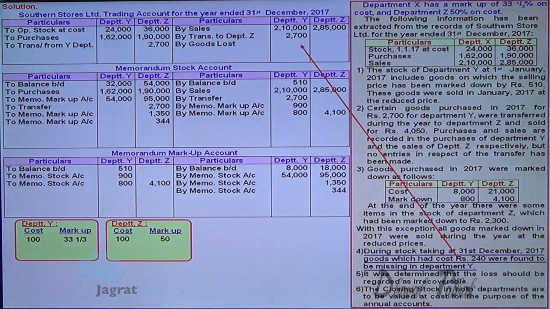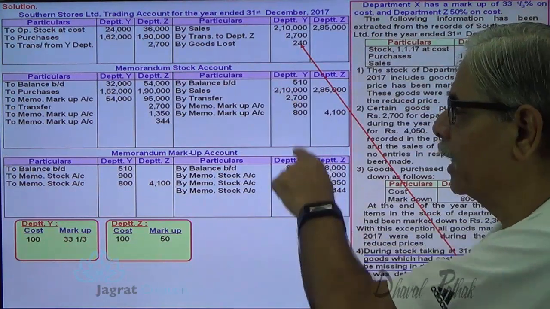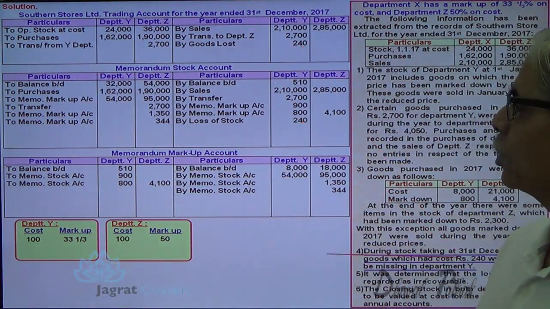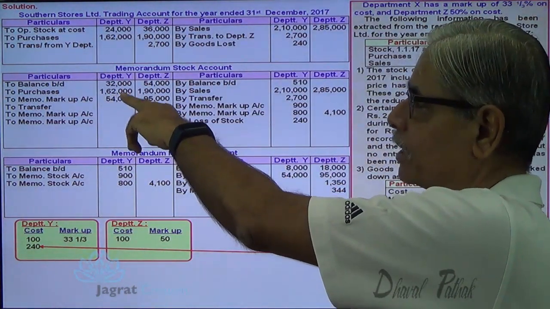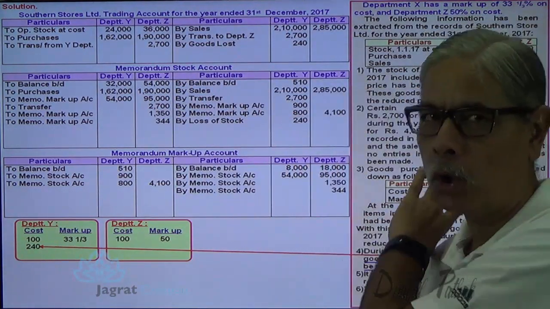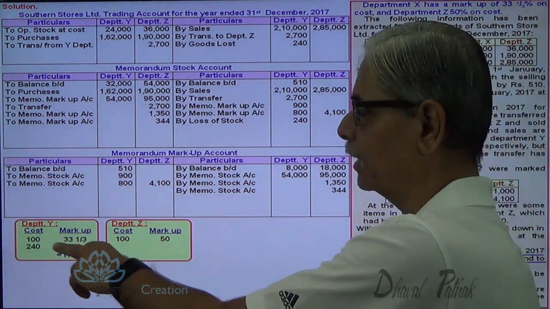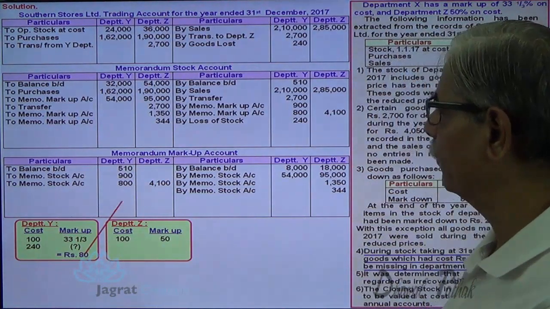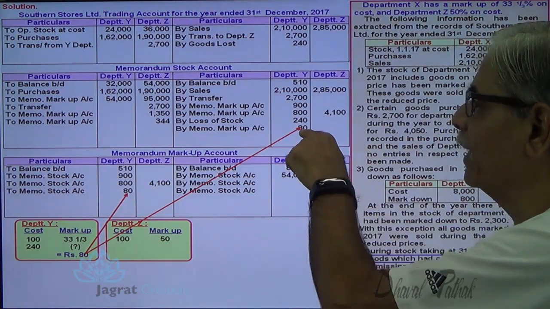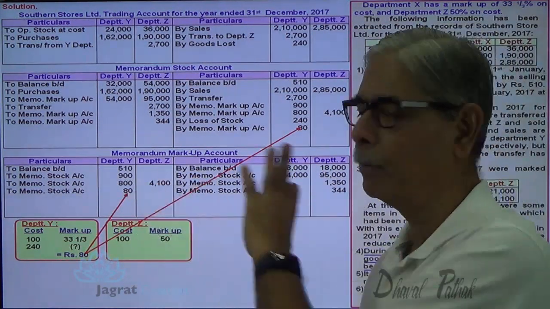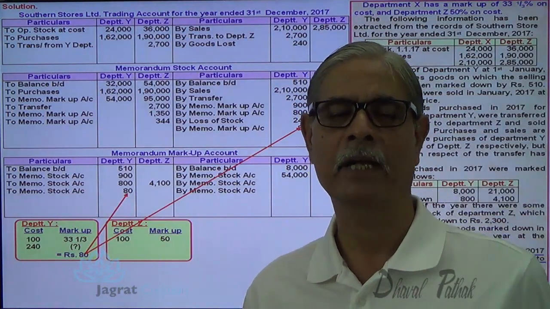So this normal loss, its cost is credited here, but in case of this Memorandum Stock Account and Markup Account, its effect is to be recorded with the profit element, because goods were purchased and debited with the profit element. So when goods go out of the stock level, then also it should be recorded at the markup price. So 100 is to 33 and 1/3. So 240 is to 80 was the markup value. So 240 plus 80, 320 is the markup value of the loss, and the profit element therein was 80, that is to be adjusted, that is to be debited to the adjustment account. This is how loss is to be accounted for.